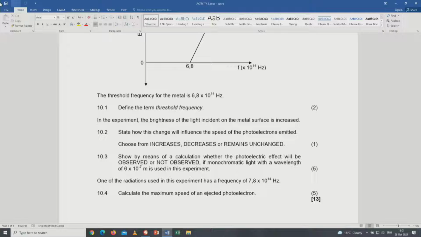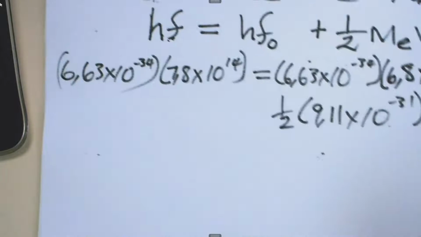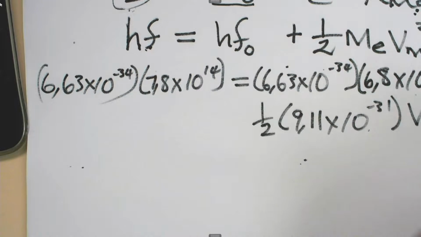That is your threshold frequency. So here we can see that the x-intercept is 6.8 times 10 to the power 14. And then this is added to half the mass of an electron, 9.11 times 10 to the power minus 31, and then we have here v max squared. So that is how we will approach that problem.